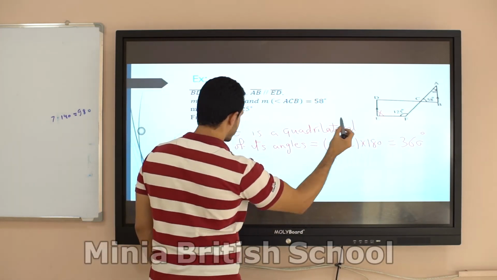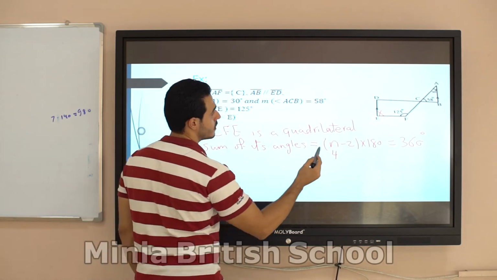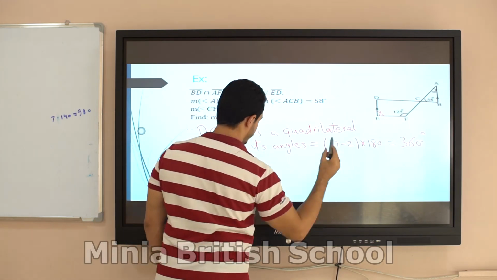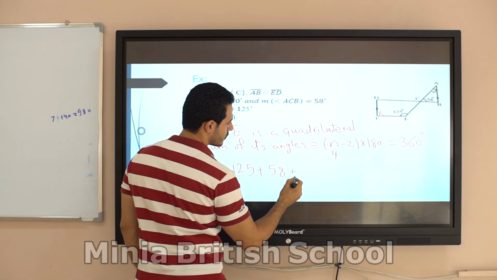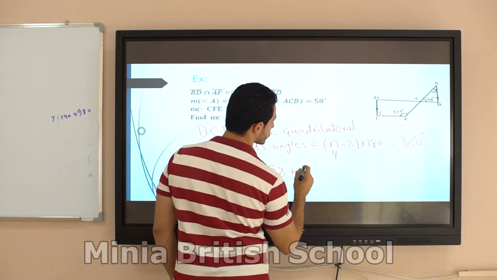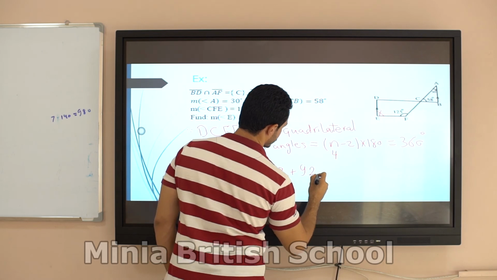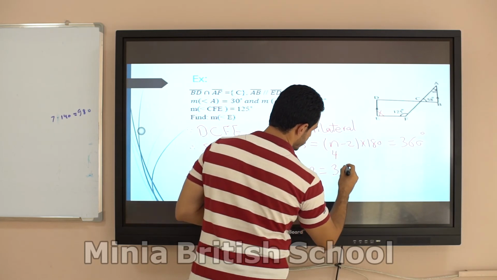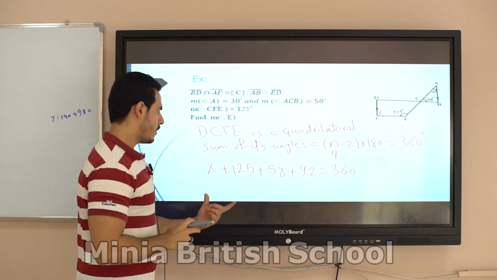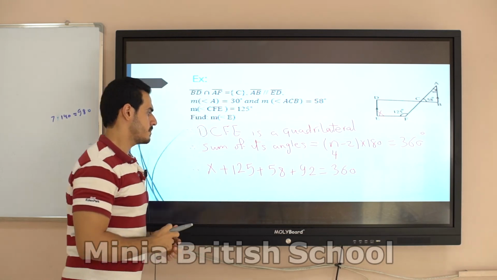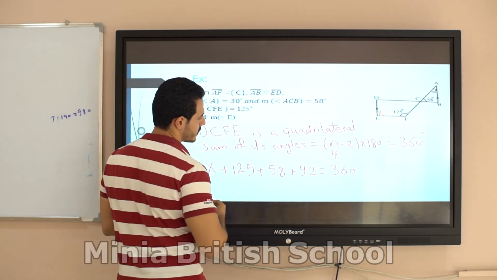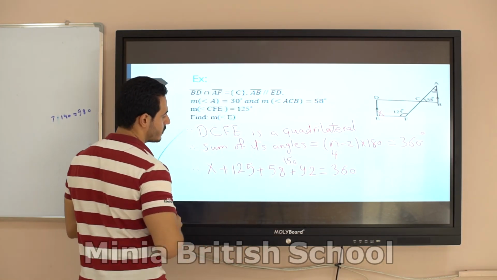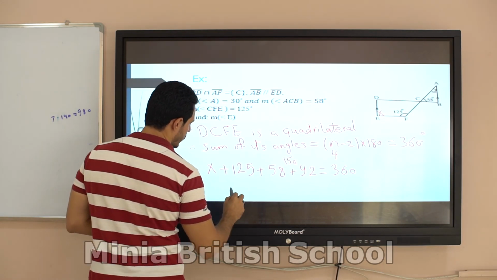Then x, sorry, plus 125 plus 58 plus 92 equals what? Equals 360. Now let's find the summation of these numbers. 58 plus 92 is 150. 150 plus 125 is 275.